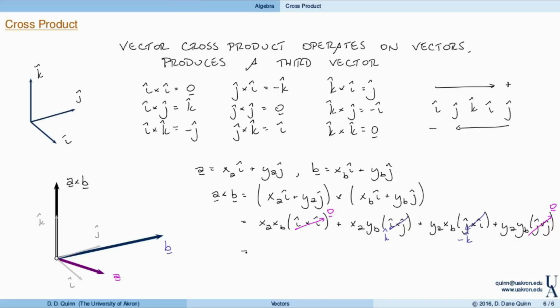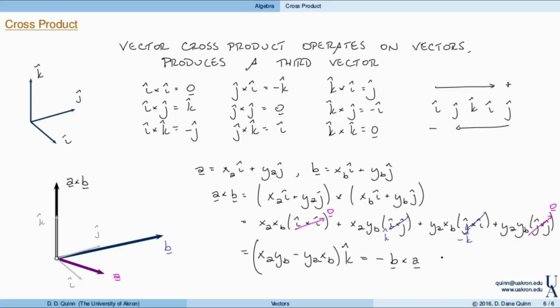So the result here is xa times yb, and now minus ya xb, all in the k direction. And if you were to go back and work this out, what you would find is that this quantity is actually the negative of B cross A.